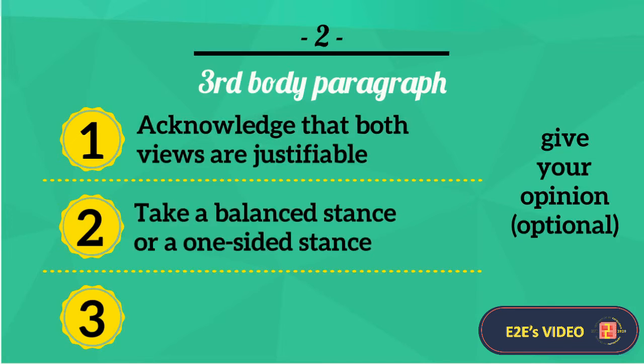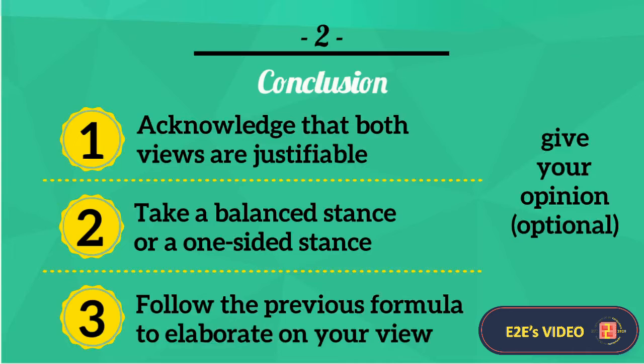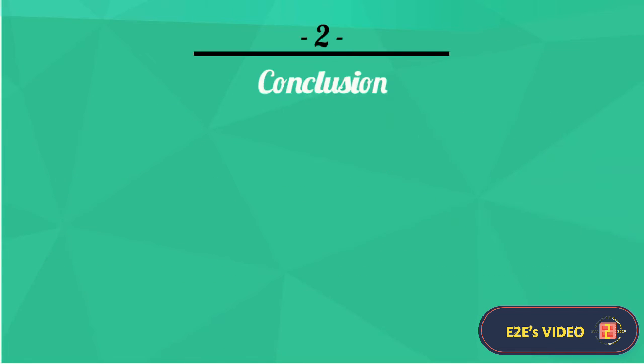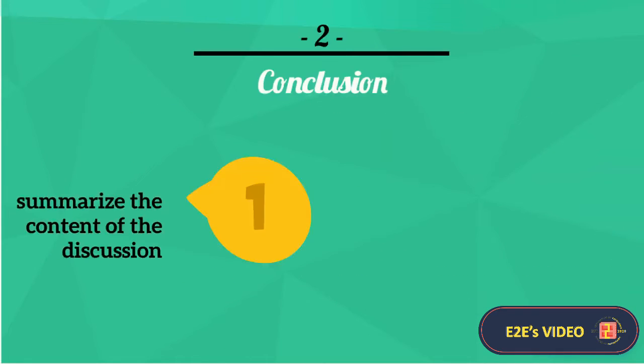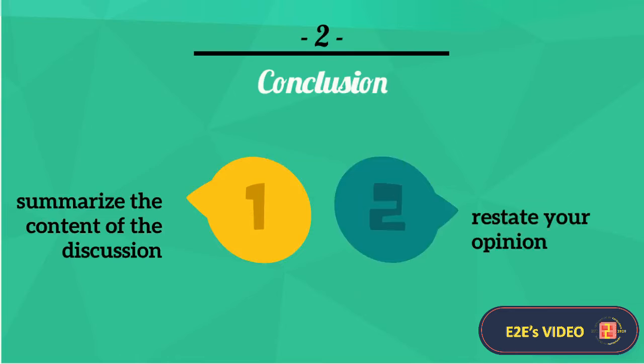You may take a balanced stand, which means both views are equally good, or a one-sided stand, which means supporting only one of the 2 views. To elaborate on your view, just follow the same formula as in the previous 2 body paragraphs. The conclusion is where you summarize all the content of the discussion and restate your opinion.